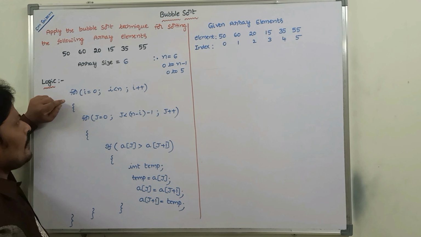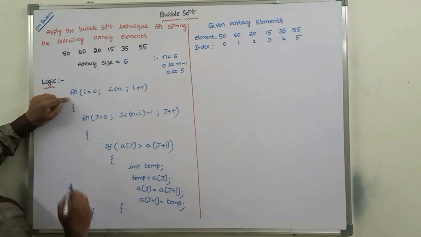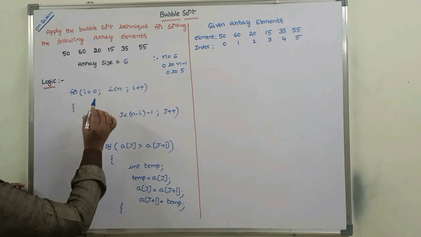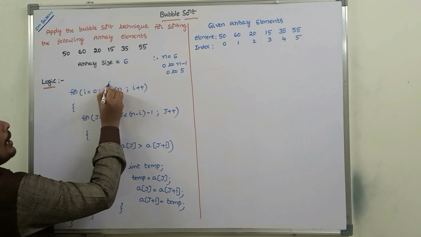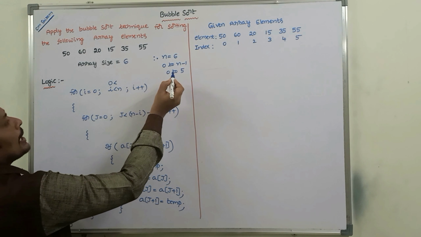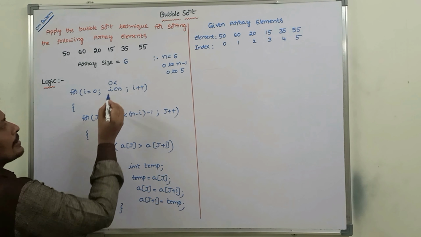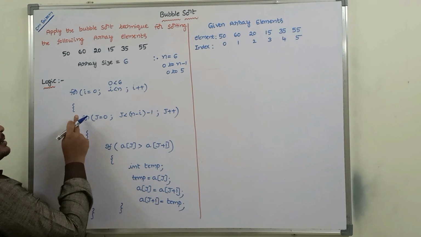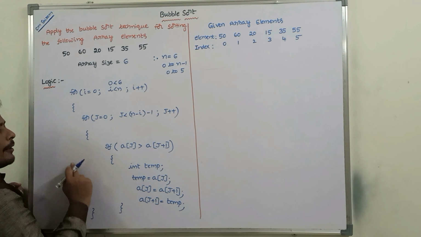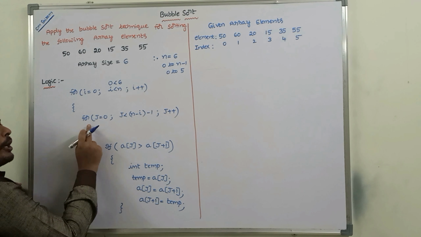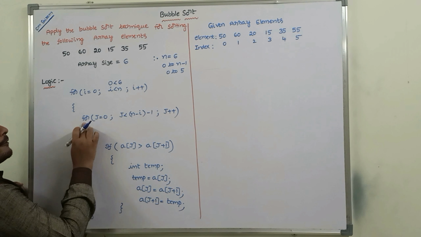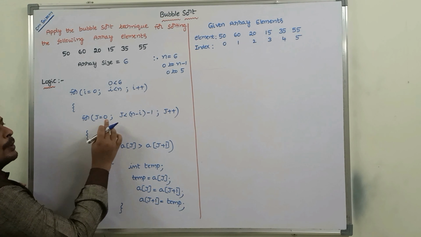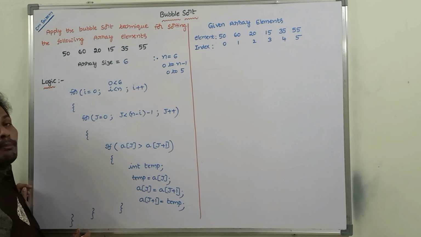First, i is equal to 0. So i less than n. The i value is 0, and 0 less than the n value 6. 0 less than 6, condition true. The control goes to the body of the for loop. In that body, another for loop is there: for j is equal to 0, j less than n minus i minus 1.